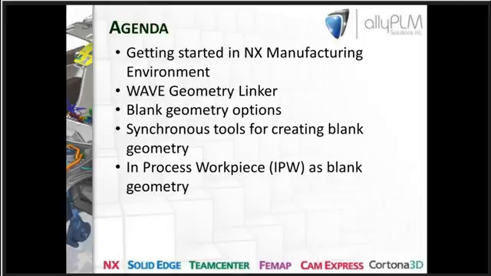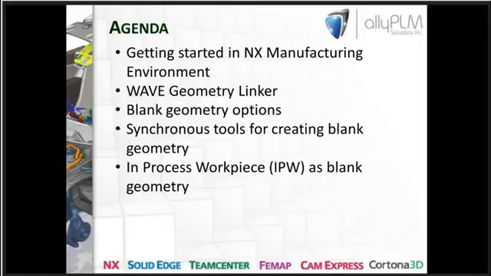So today we're going to take a look at these topics to better understand how to properly set up our workpiece. First, we're going to look at how to start manufacturing in NX, and we'll look at two different options: the master model concept versus just opening a design model and selecting start manufacturing.